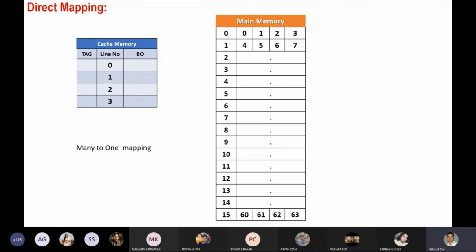How many block lines are there in the cache? 4 lines are there. Just note that the total is 16. Total 16.